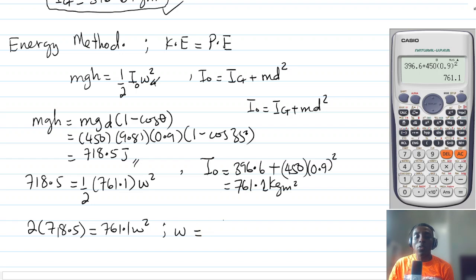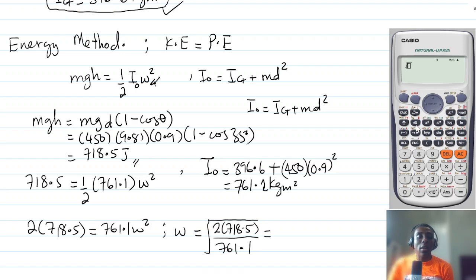So omega is going to be the square root of 2 times 718.5 divided by 761.1, and that is 1.374 radians per second.